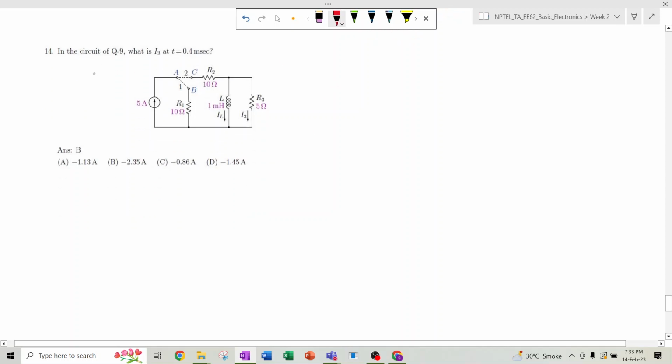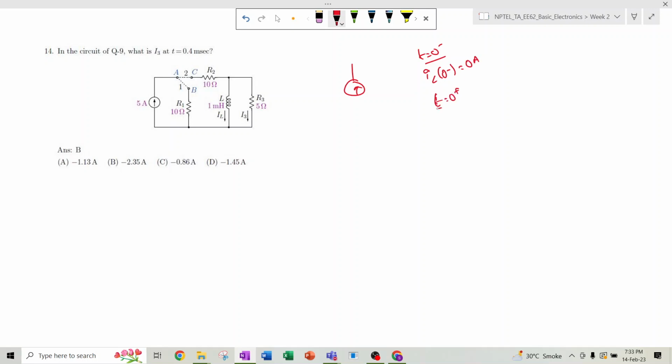Okay, so now question 14: in the circuit of question 9, what is the value of I3 at t equal to 0.4 millisecond? So at time t equal to 0 minus, IL at 0 minus is 0. At time equal to 0 plus, we have already discussed this thing.